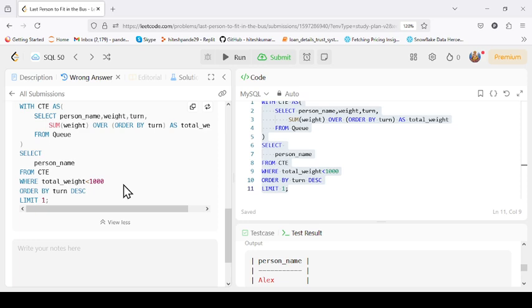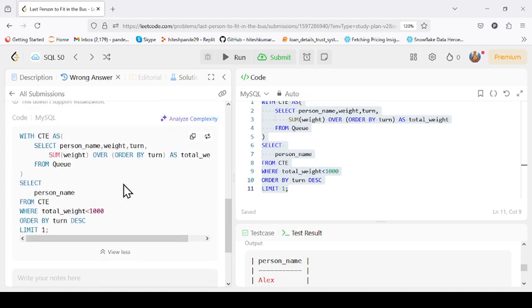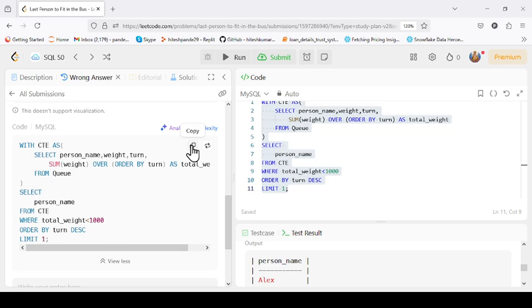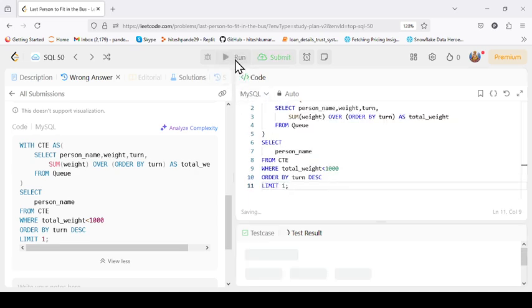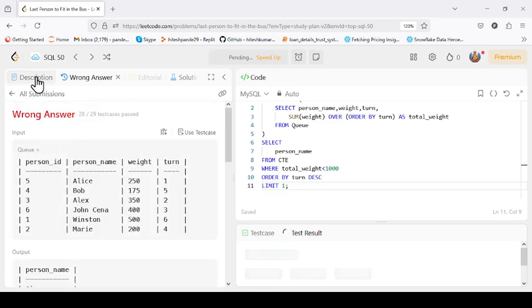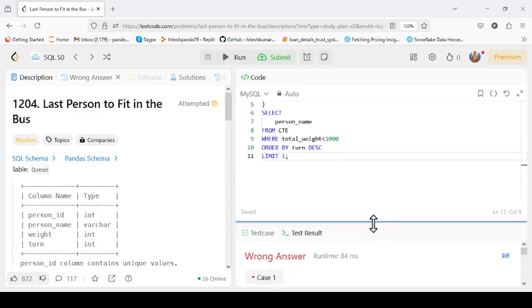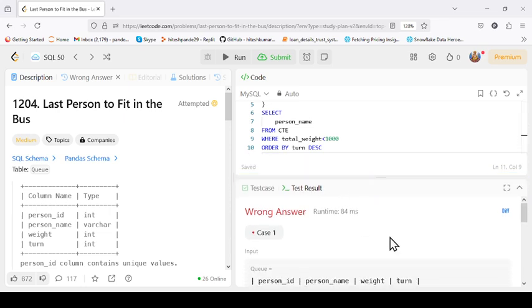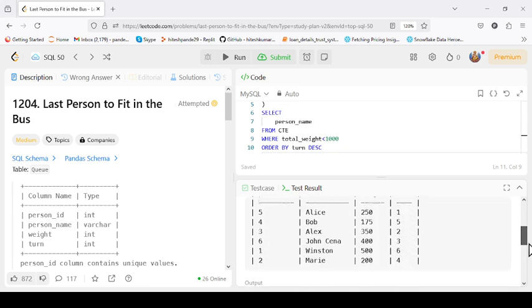Let's see what submissions we will see. It is as equal as that. Let's try to copy this one. Let's try to run this query. Let's see whether we will get the correct output or not. Again we are getting a wrong answer. We didn't get Alex here.